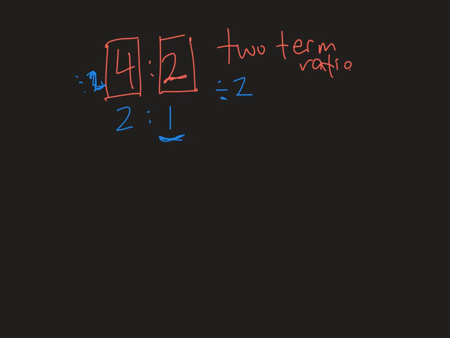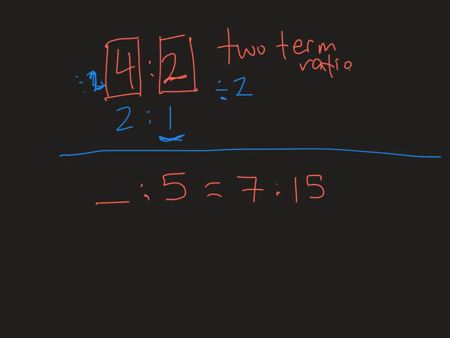So when you're wanting to look at missing values in a ratio, we go back and we say, okay, well, we've got a value of something to 5 equals, say, 7 to 15. So what you want to do is you always want to be aware of the order of your ratios.